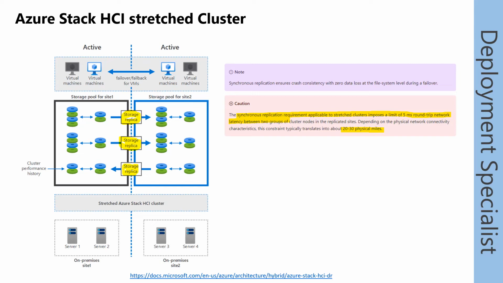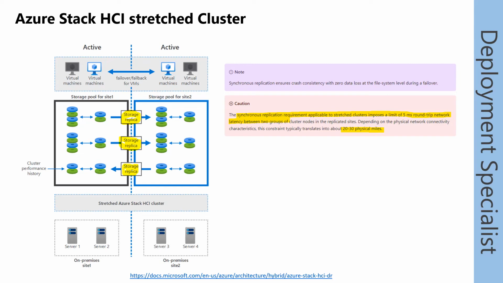You can have a synchronous active-active stretched cluster with maximum this 5 milliseconds round-trip latency. I mentioned, depending on the network technology you use, it might be higher. Then you maybe are not able to build it synchronous. But if you choose the best media and technology, this will be possible.